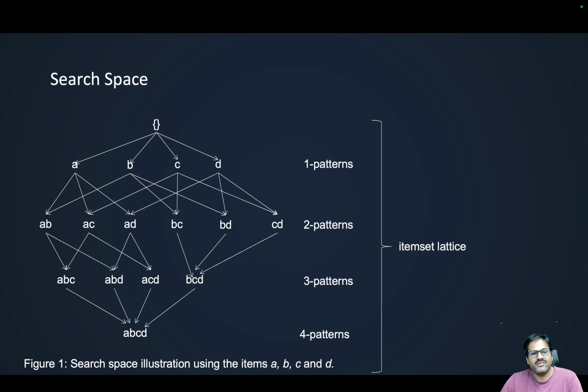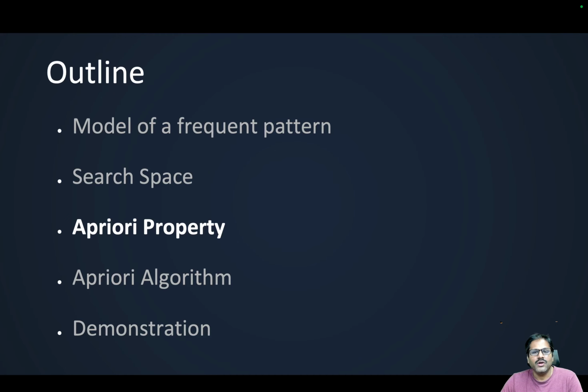This lattice size is very huge because it contains 2 power n minus 1 item sets. Any pattern mining algorithm has to search this entire lattice and identify patterns. To reduce the search space, we use a priori property.